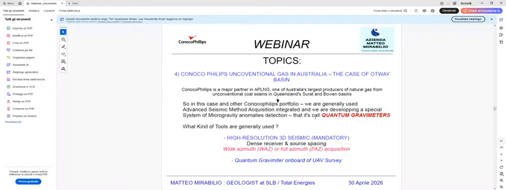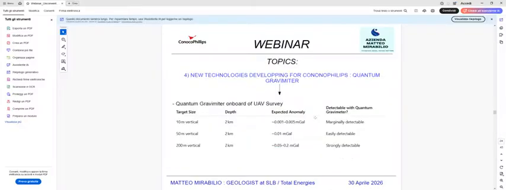What we are doing with these new tools: we have a high resolution 3D seismic mandatory, dense resistivity and source spacing with azimuth and full azimuth phase acquisition, and quantum graviter on board of AUV survey. The new technology of quantum graviter on board of AUV survey permitted this incredible target.